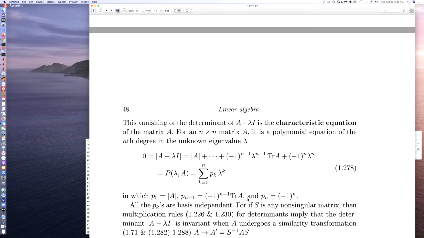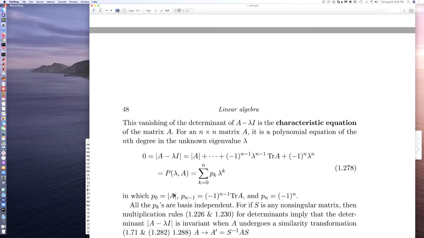Notice that remember we found that the trace was invariant under a transformation. If you put a matrix here and another matrix there, for example an S here and an S inverse there, since the trace is cyclic, you can move the S to the right, then you have S inverse S, and that goes away. So the trace is invariant under what's called a similarity transformation.